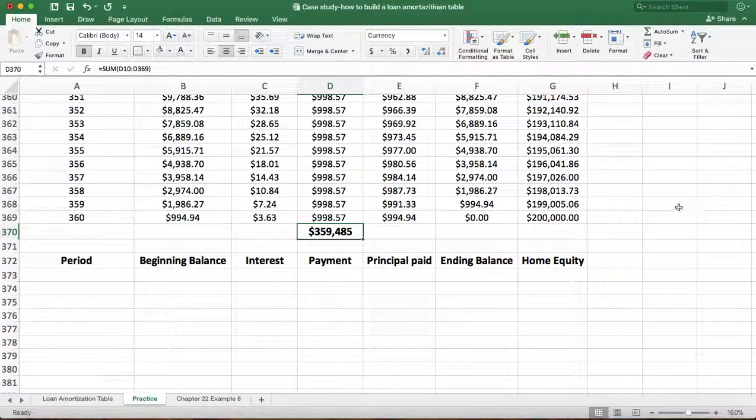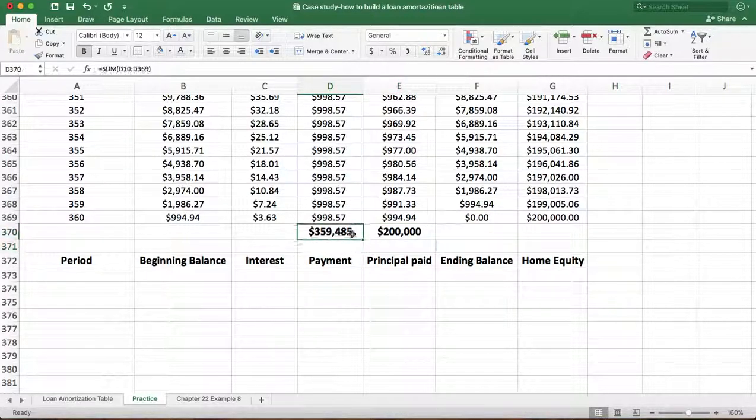Remember, we only borrowed 200,000, but after paying off the loan, all the money flowing out of our pocket is this amount. If we add up the principal pay, it shall be exactly 200,000.